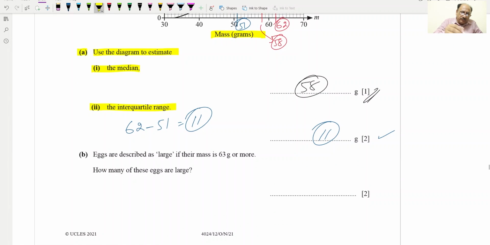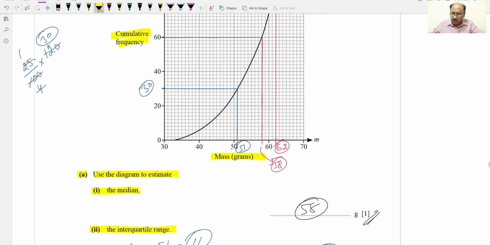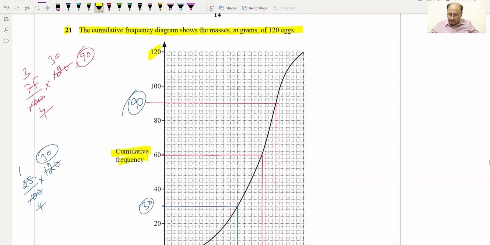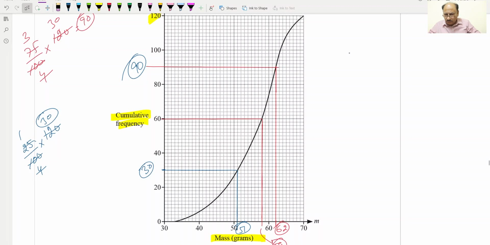Now B part says the eggs are described as large if their mass is 53 grams or more. How many of these eggs are large? So 63 grams will be where this is 62, which we have taken. Now we will be taking reference of 63 grams, and 63 grams reference, we can draw line.